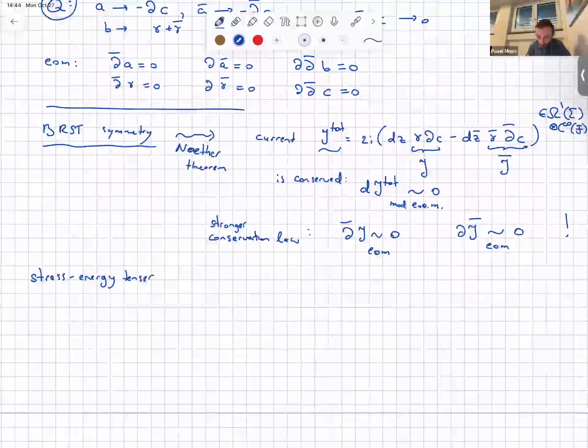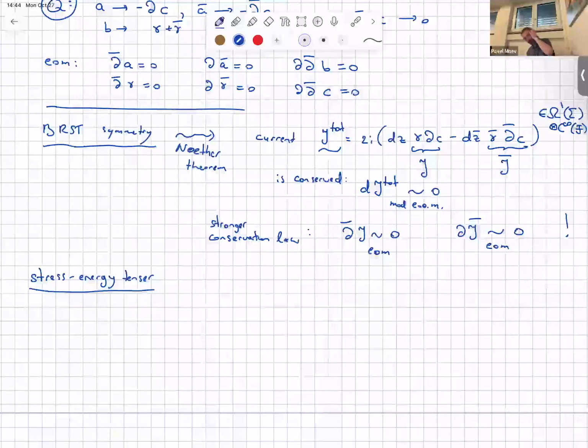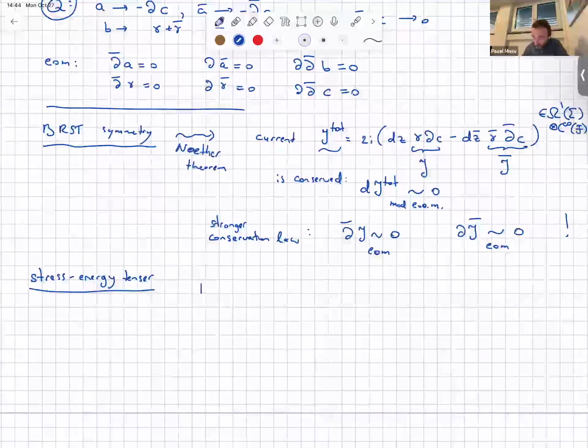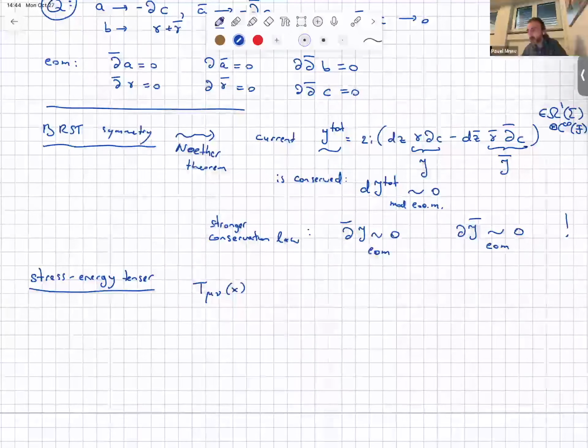And probably the key player in a CFT is the stress energy tensor. Let me use Hilbert's definition of the stress energy tensor, writing its components with respect to some coordinates. Up to some normalizations, it's the variational derivative of the action with respect to the metric.